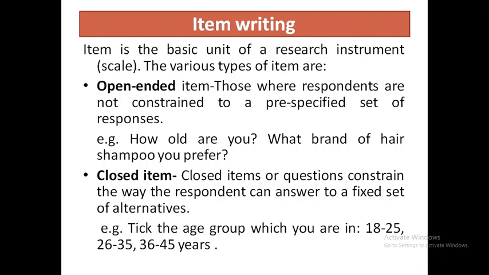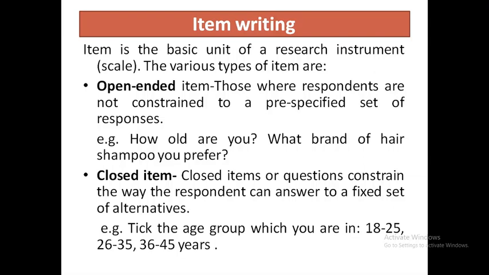Now, in contrast to an open-ended question, in a closed-ended question the response categories are already stated in the questionnaire. The respondents only need to choose the category which best fits them. For example, in the earlier example we were taking, the question was, how old are you? Say the same variable can have its data collected in a different way in a closed-ended item.